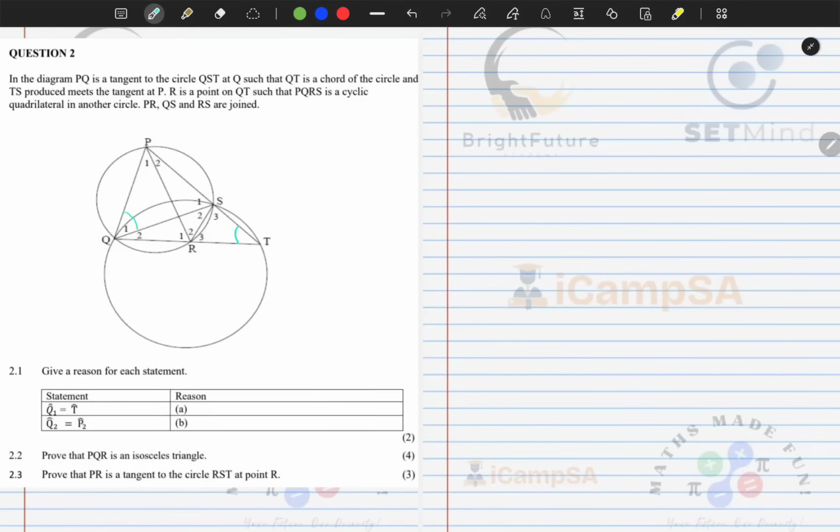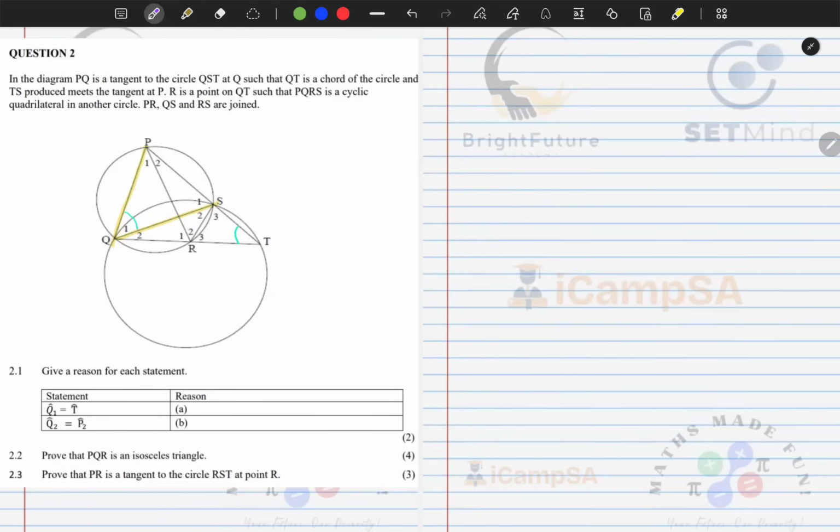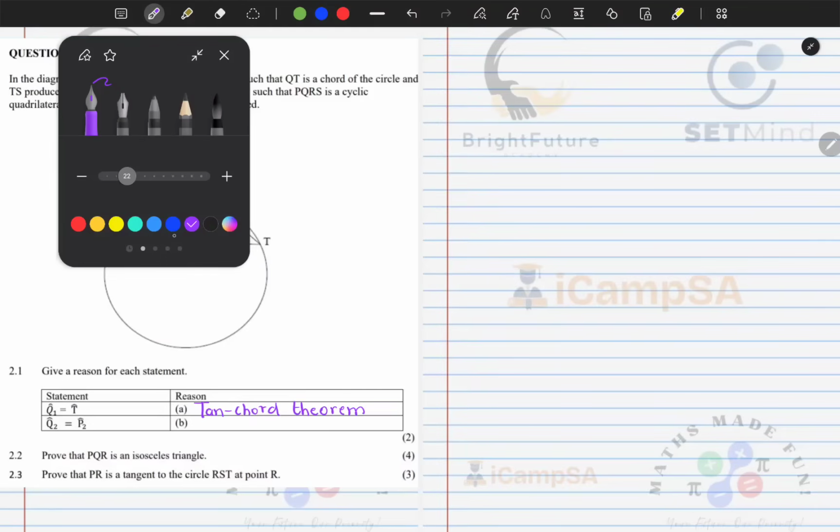It is the angle between the tangent and the chord, and it is equal to the angle opposite the same chord, or in the alternate segment. So the reason for these being equal, very simple, is our Tan-Chord Theorem. Okay, done with that.